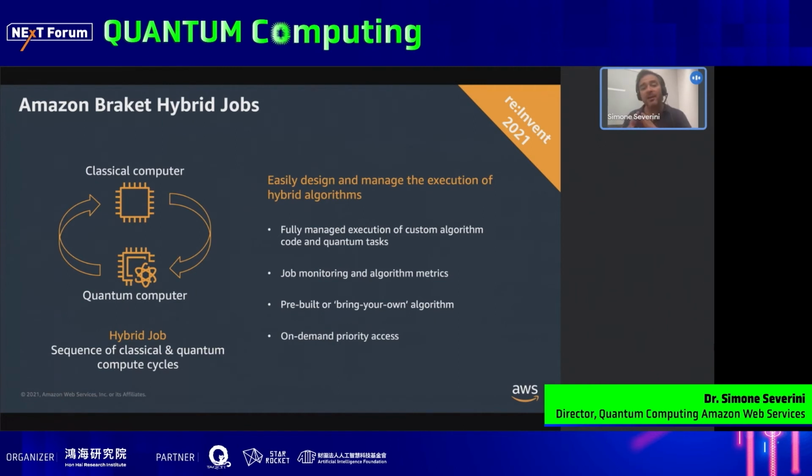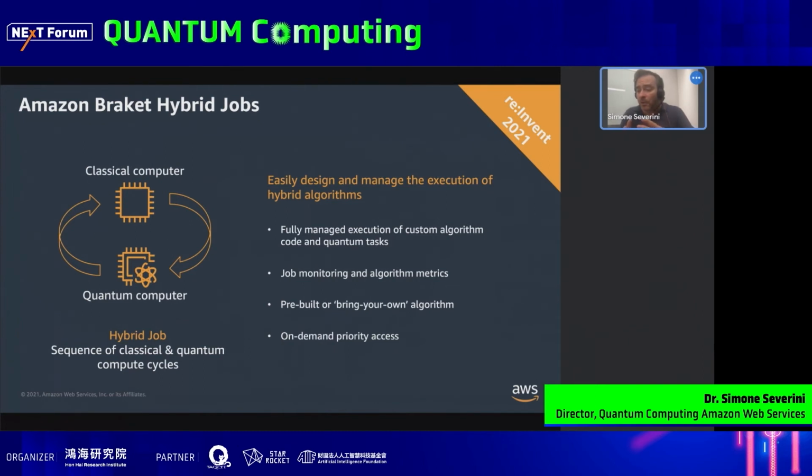This phase is called NISQ, Noisy Intermediate Scale Quantum, meaning that the quantum computers available today are not error corrected. Maybe there are some mechanisms for doing some error mitigation via software, but there's no hardware error correction. And it's still unclear whether quantum computers in this NISQ phase can bring some quantum advantage.